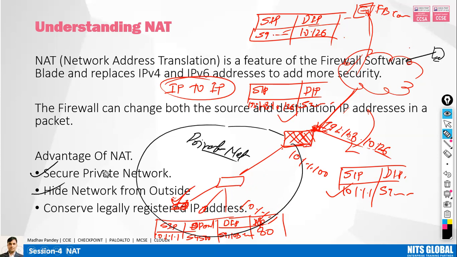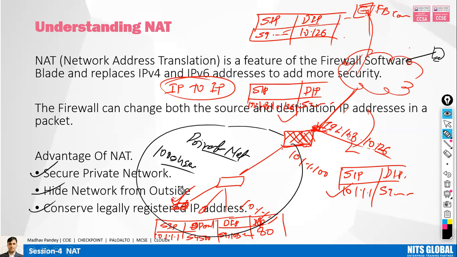Second thing is, hide network from outsiders. As I said, by hiding my networks, I can protect them. I will protect the visibility of my network. Now, conserve legally registered IP addresses. Why do we do NAT? Because we do not have enough. Let's say in my network I have 1,000 users.